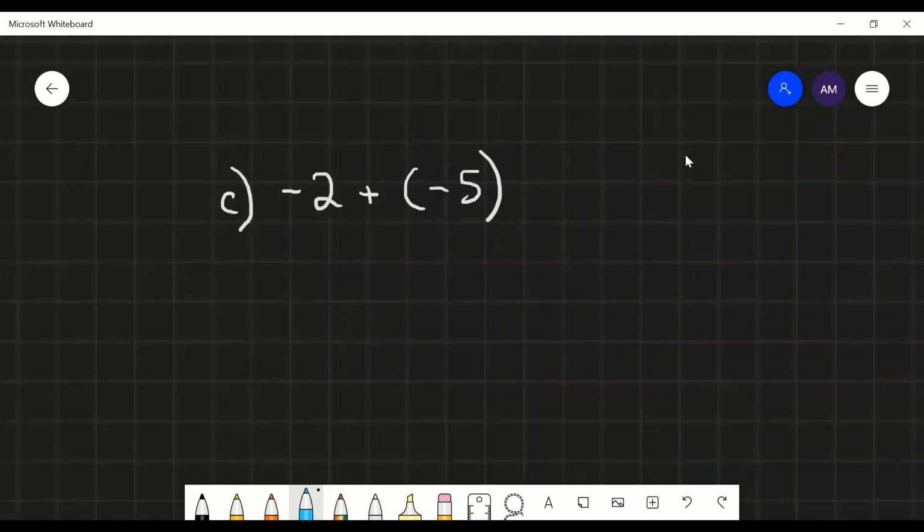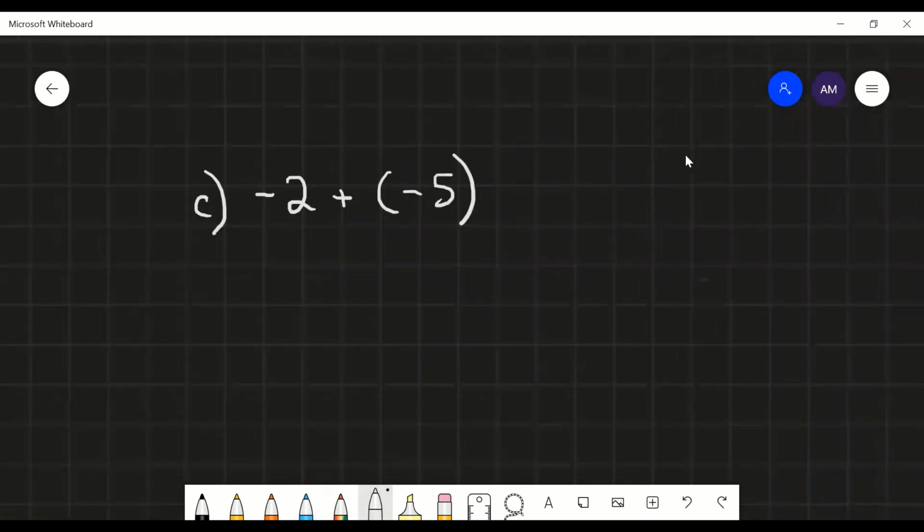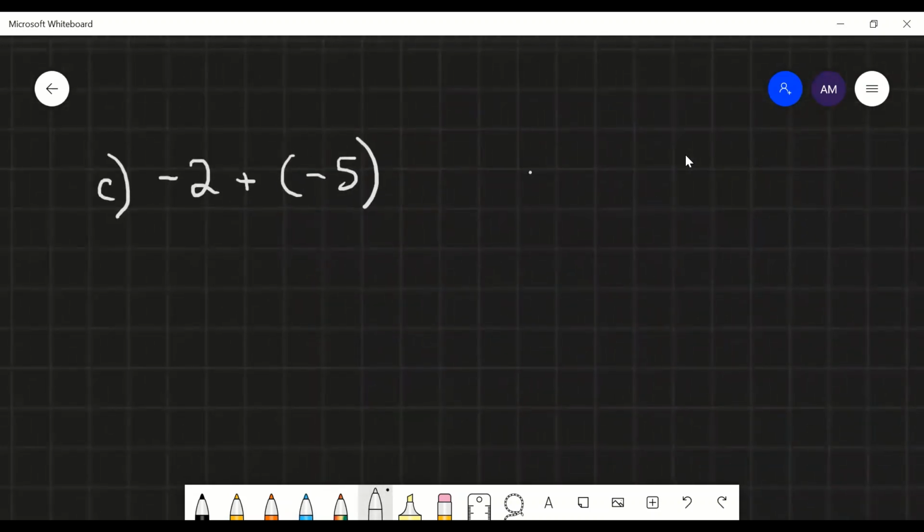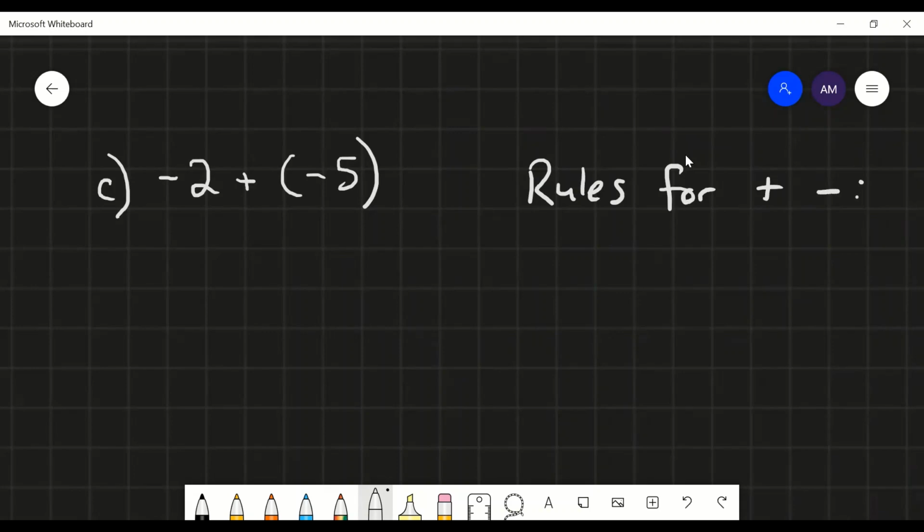Okay, so here's one that's a bit different. -2 plus -5. So here's a set of rules for pluses and minuses. If ever you see a plus and a minus, I'm going to say back to back, so one right after the other, then something's going to happen.